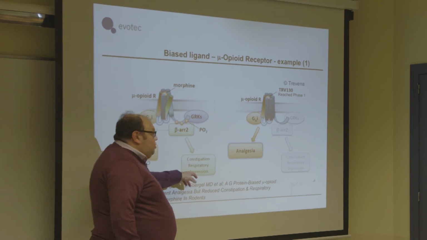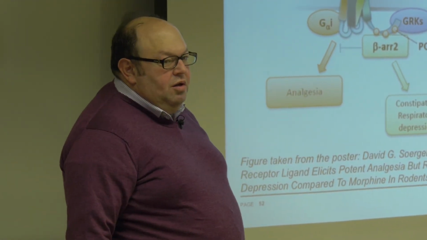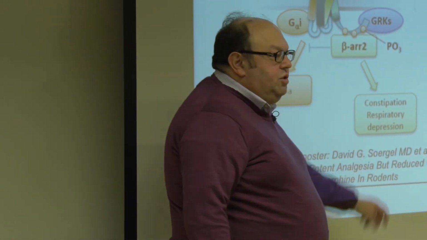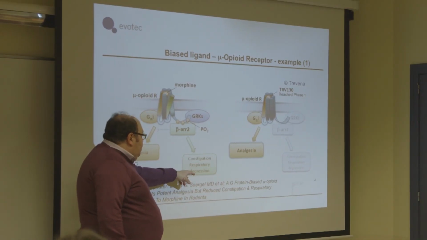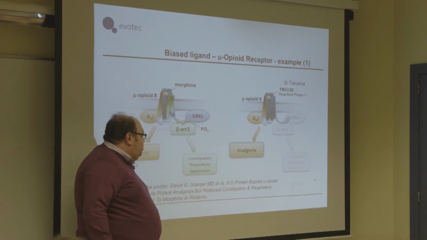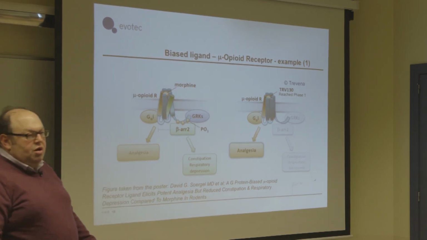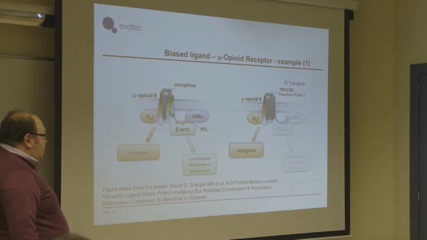It was known that the dosage of morphine you can give is limited because there are two major side effects. Constipation, which is relatively less problematic, and respiratory depression. So you can't give morphine in huge dosages because the patient will suffocate.